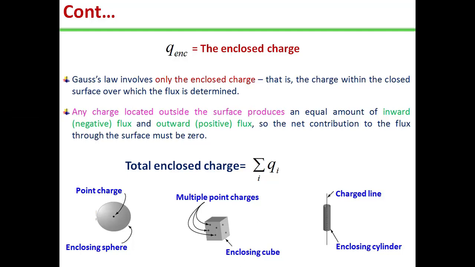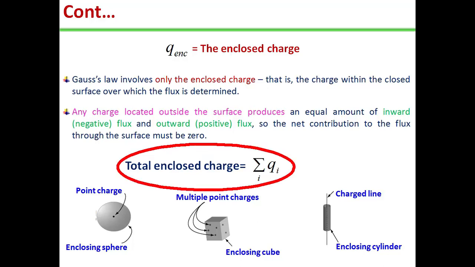So for problems involving groups of discrete charges enclosed by the surface of any shape, finding the total charge is simply a matter of adding the individual charges. So total enclosed charge can be calculated as the summation of q_i within the closed surface, where i is the number of charges within the closed surface.